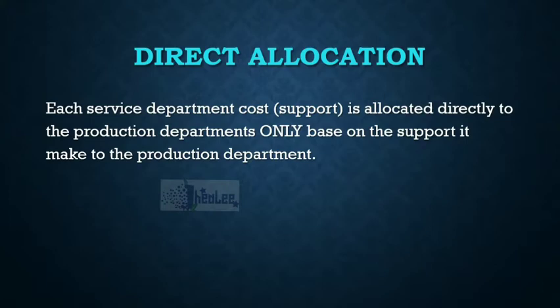I'm saying only to the production departments because when you look at another method, you may be allocating service costs to other service departments. But for direct allocation, it doesn't matter how much service cost there is, you're going to allocate it only to the production departments.